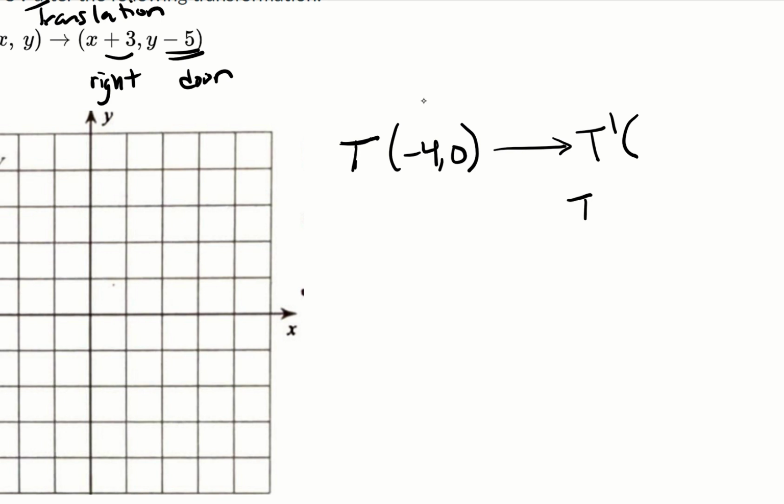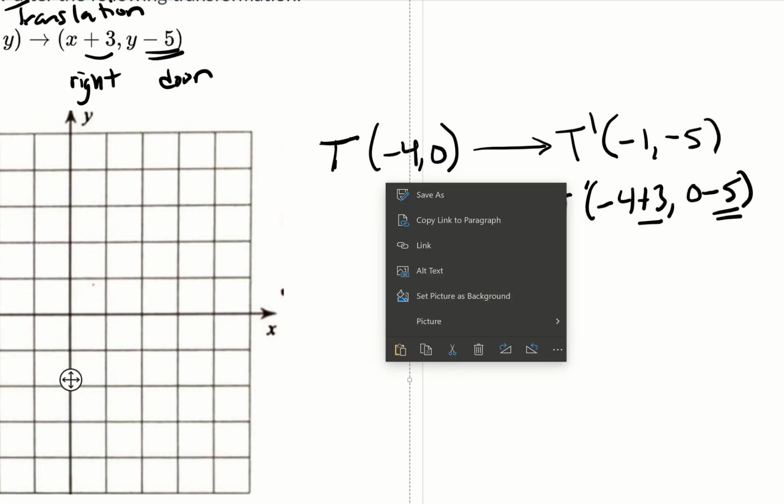So we have T prime: negative 4 plus 3, and then 0 minus 5. Again, we're using those two numbers, underlined here. And so negative 4 plus 3 is negative 1, and then 0 minus 5 is negative 5. All right, so that's how you would use the transformation right away.